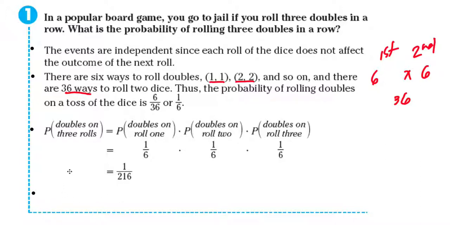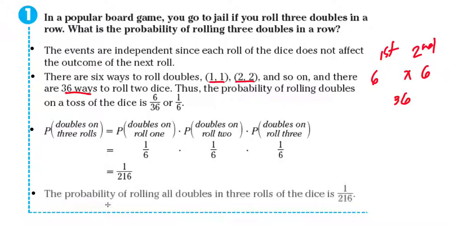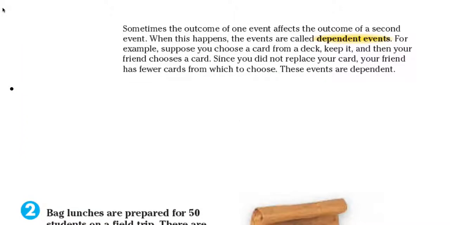So that's how you find the probability of rolling 3 doubles in a row. The probability of rolling all doubles in 3 rolls of a die is 1 out of 216. So that's a good example of independent events.